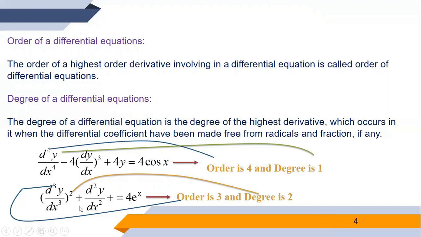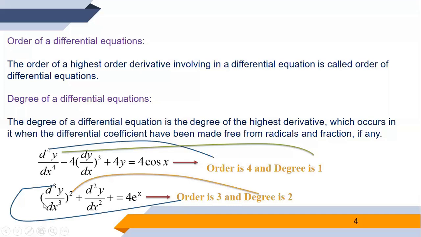Now in the second equation, we have (d^3y/dx^3)^2 plus d^2y/dx^2 plus y is equal to 4e^x. So in this equation, d^3y/dx^3 is the highest order derivative, so the order of this equation is 3.